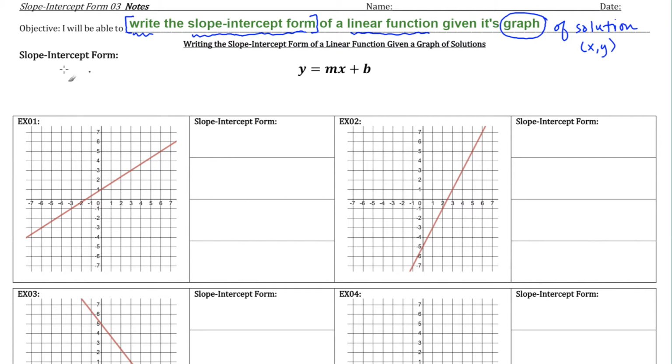And before we start finding the slope-intercept form of a line, we have to remind ourselves what slope-intercept form is. So slope-intercept form is y equals mx plus b, where m is our slope, which is our constant rate of change. You can think about this as how we move.